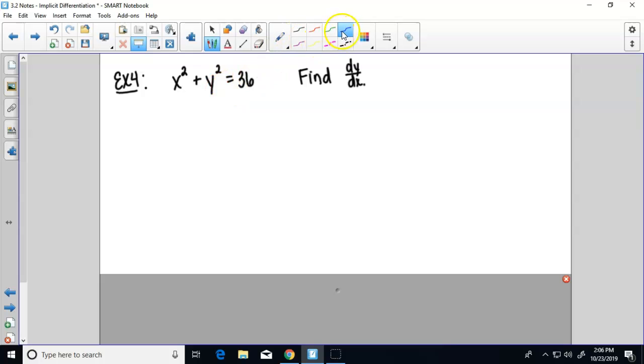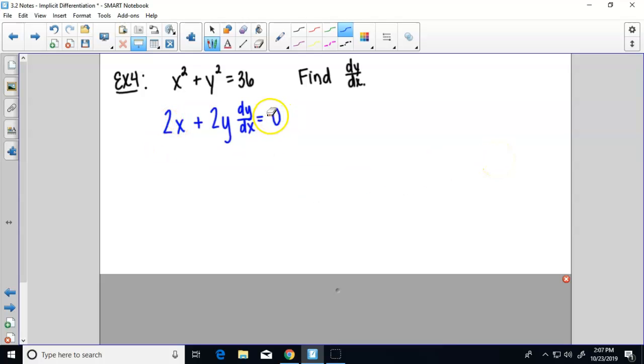So to take the derivative of this, you're just going to take the derivative using those same steps that we did for the last problem. So you'll have 2x, don't need to put anything with it because it was an x, plus 2y dy dx. And so that will equal, and the derivative of 36 is 0.